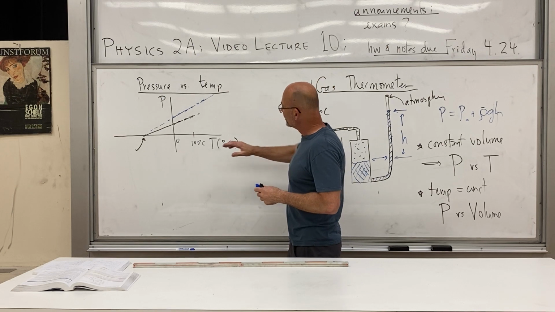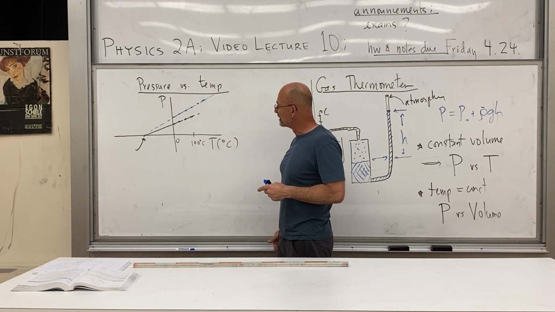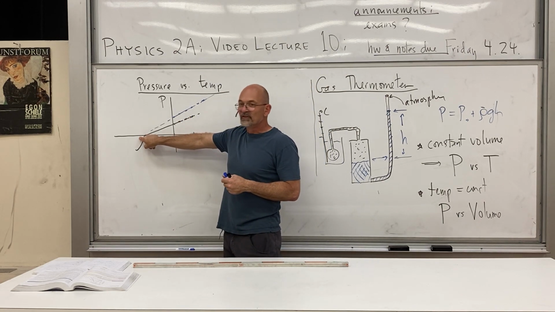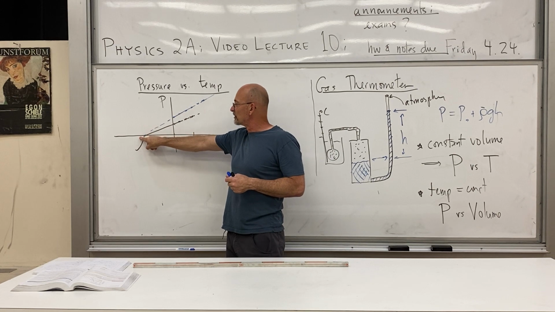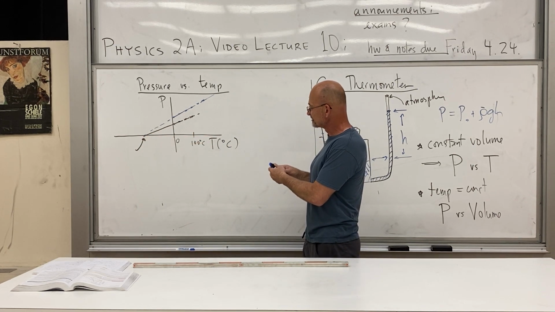And so what's interesting is you have this linear law for pressure versus temperature, and it would be simplest if you called that your 0 point. If you called that your 0 point, then you would have just a simple equation of a line.